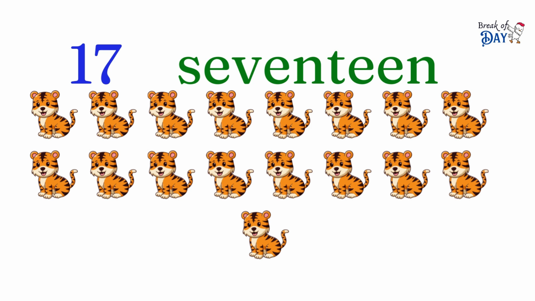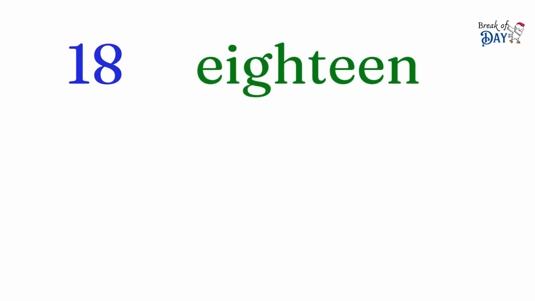Let's count them. Start with me. 1, 2, 3, 4, 5, 6, 7, 8, 9, 10, 11, 12, 13, 14, 15, 16, 17. How many tigers here? Yes, there are 17 tigers here. This is number 18.